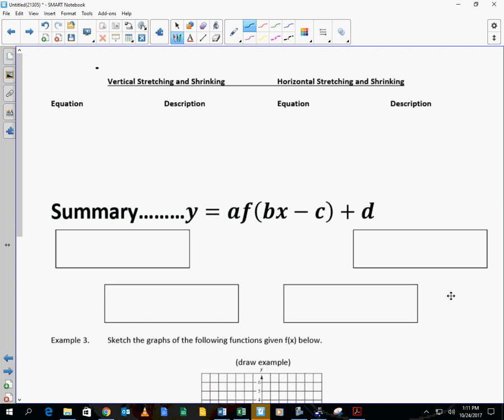Okay? So if we have a function and we would like to transform that, and what we do is we put a constant in front of it. Is that constant on the outside or the inside? It's on the outside, so therefore it will affect it vertically. And so this is a vertical stretch by a factor of a.